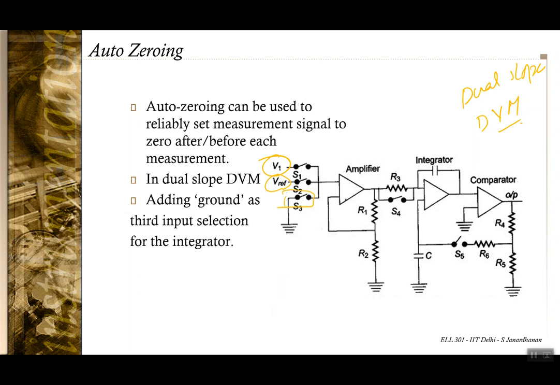So after each measurement, when S3 is closed, it is reset, and the output of this DVM would be at 0 volts now. So 0 volt is equal to 0 reading, that is being reset again and again.